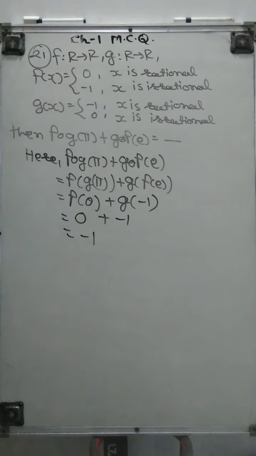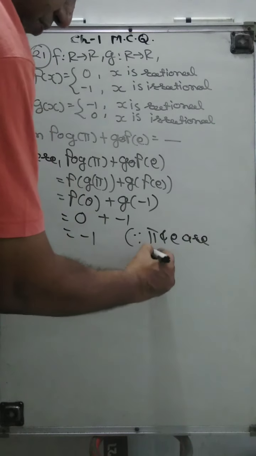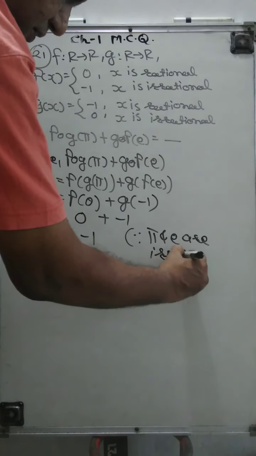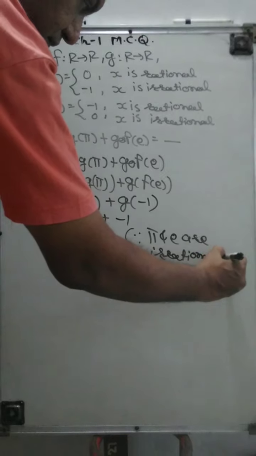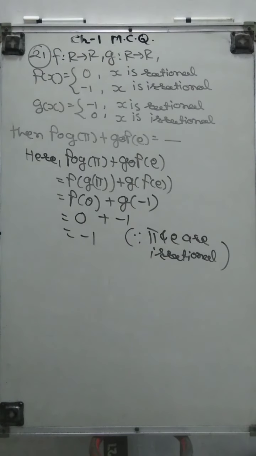So our answer is -1, right? Because here you just write that π and e are irrational, therefore we can obtain this type of answer.